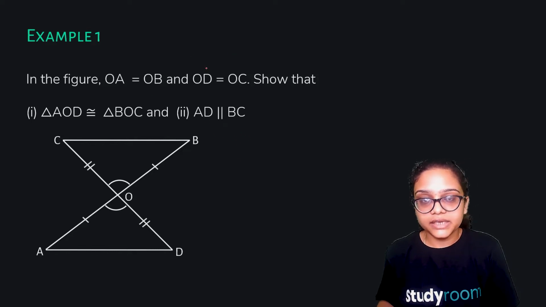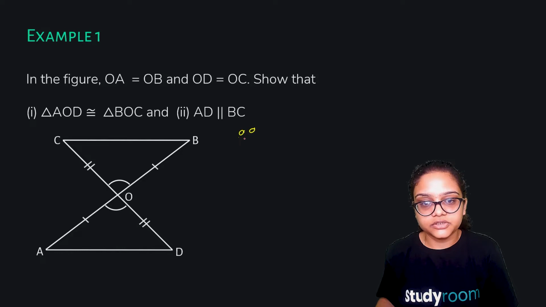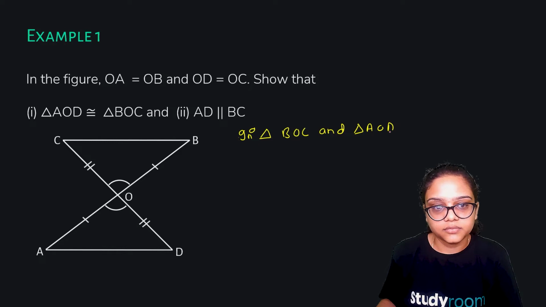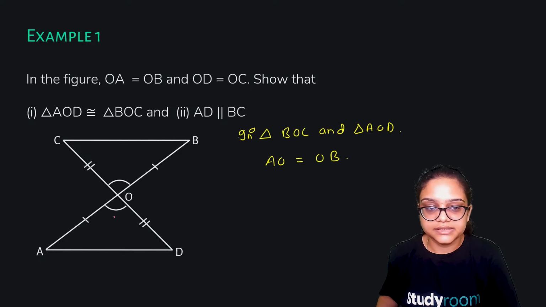Firstly, just write in triangle BOC and triangle AOD. First, AO is equal to OB, it's given.